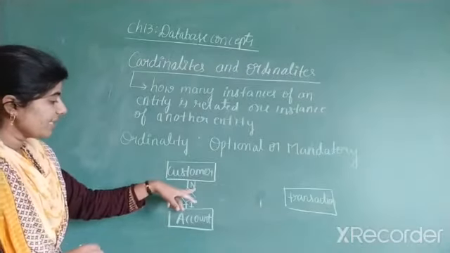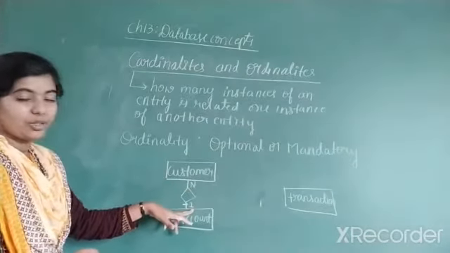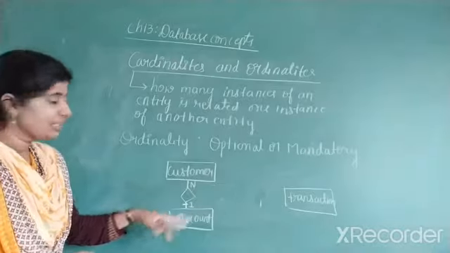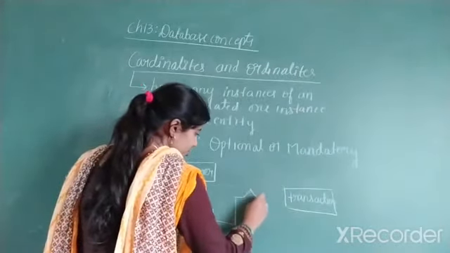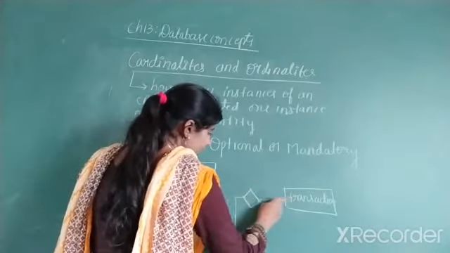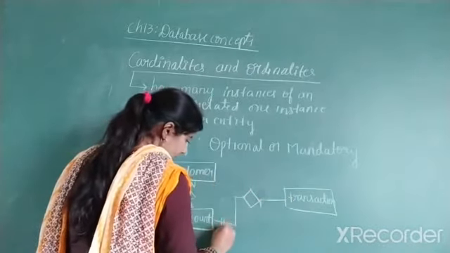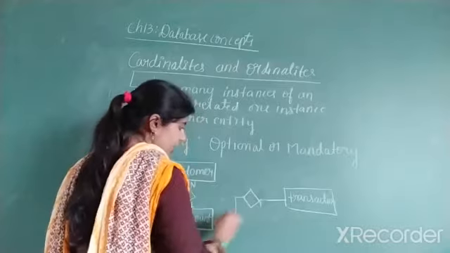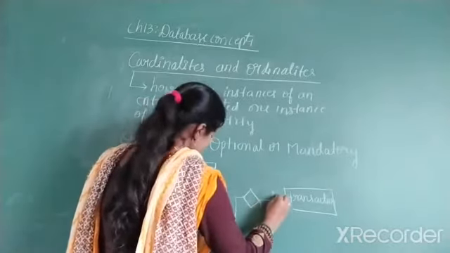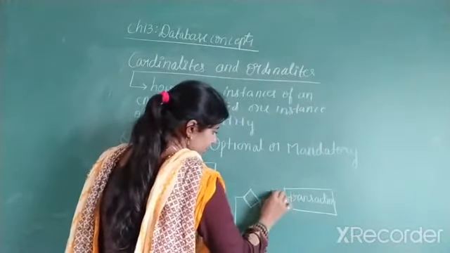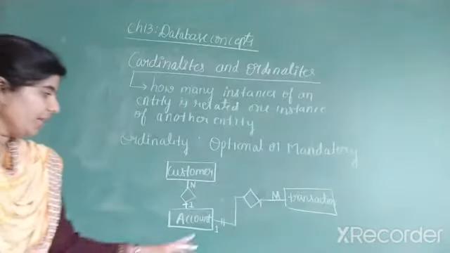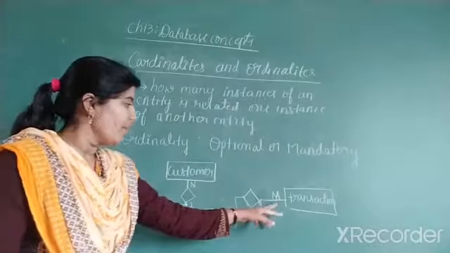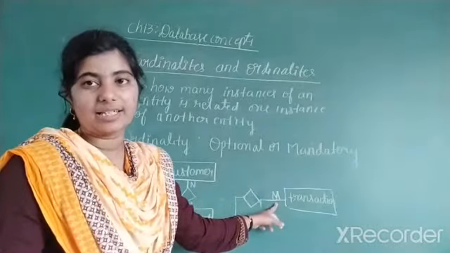So how many instances of one entity are related to one instance of another entity? And if there is an account, it can make any number of transactions, that is represented by M. Means it can do n number of transactions. How many accounts? Only one account, but it can do any number of transactions.